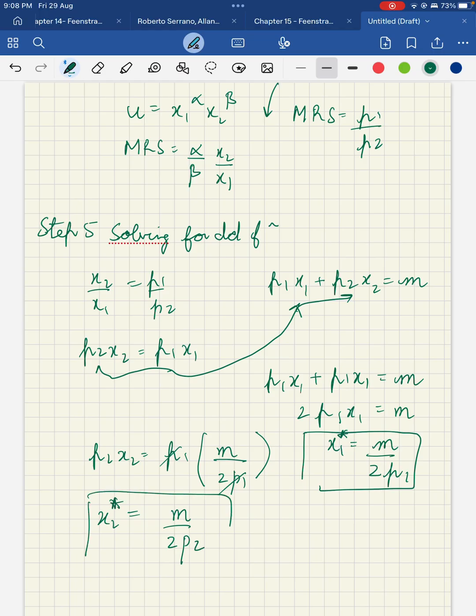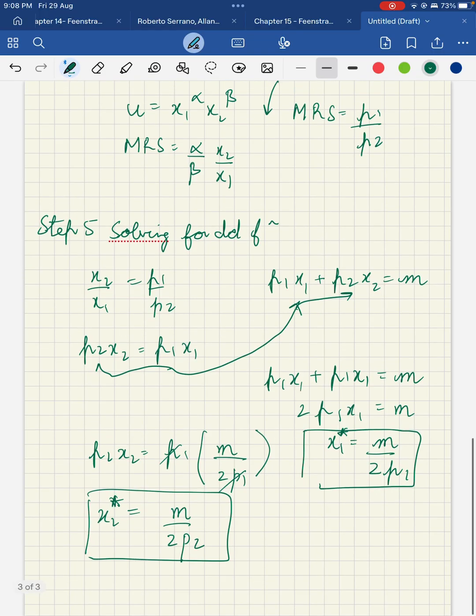So this is my x2 star. These are the utility maximizing bundles for the Cobb Douglas utility function x raised to the power 1 by 2 and y raised to the power 1 by 2.